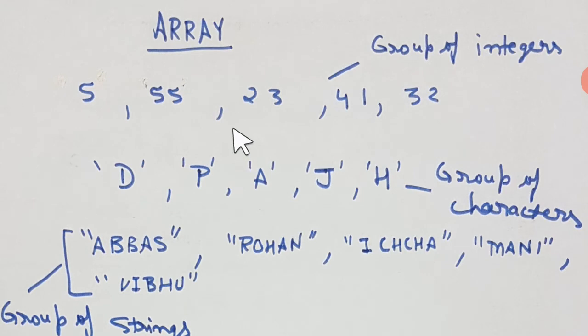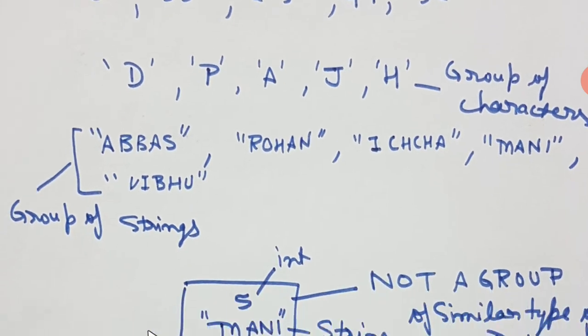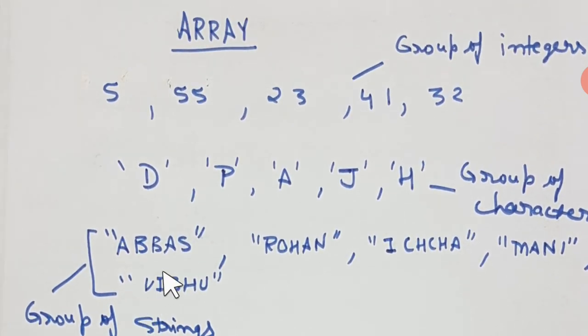When I observe these data elements, I find that this is a group of integers, this is a group of characters, and this is a group of strings. So we have seen three groups here. When I say it's a group, there is one more thing associated: it's a group of integers, so all the elements are of type integer, or int in Java.